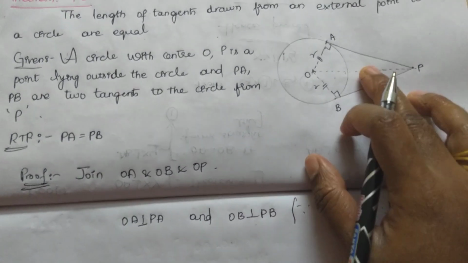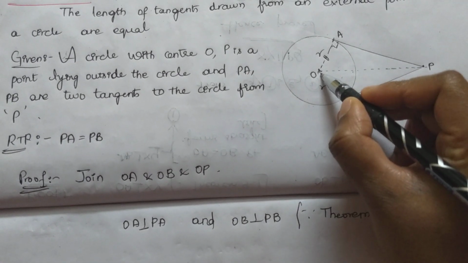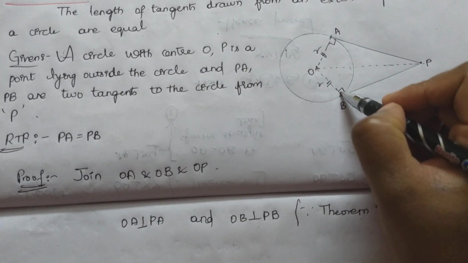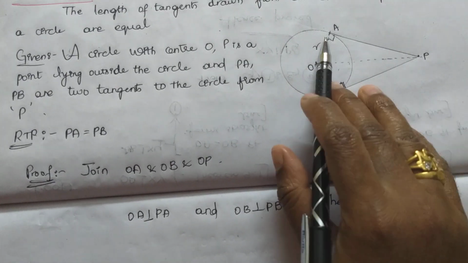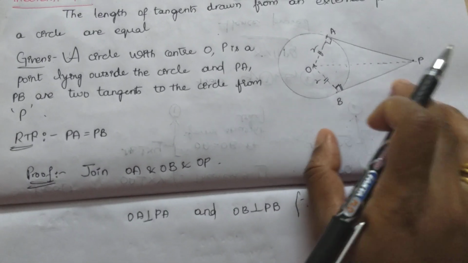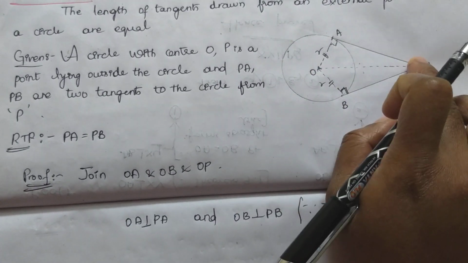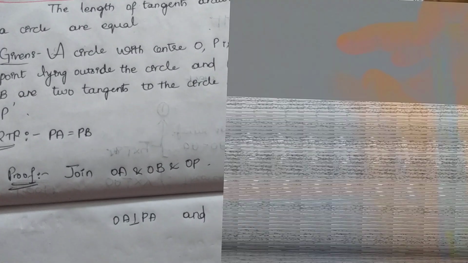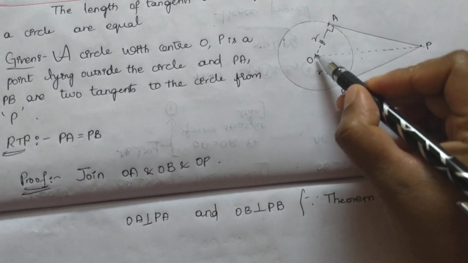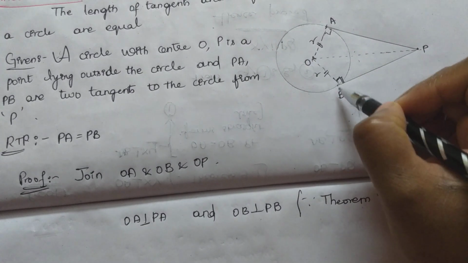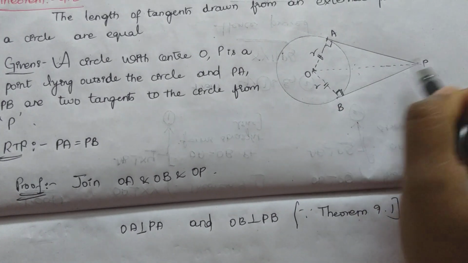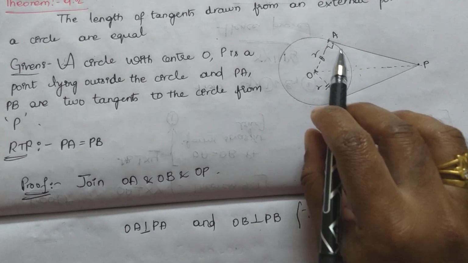So here OA and OB are equal, and the angle formed here is 90 degrees at B and 90 degrees at A also. OP is the same in both the triangles. When you consider these as 2 triangles, one is triangle OAP and the other is triangle OBP. In the 2 triangles, 90 degrees is formed.